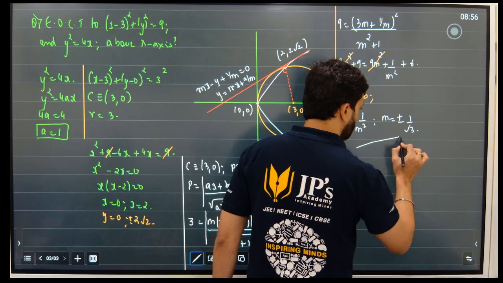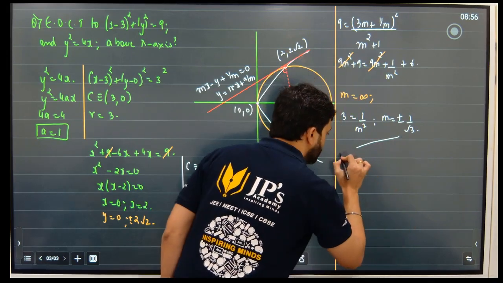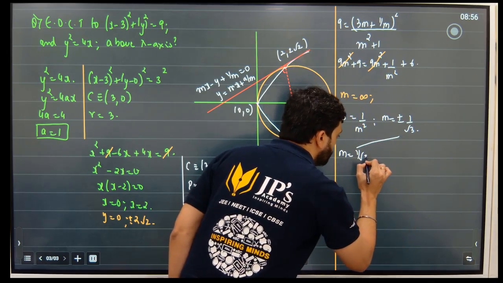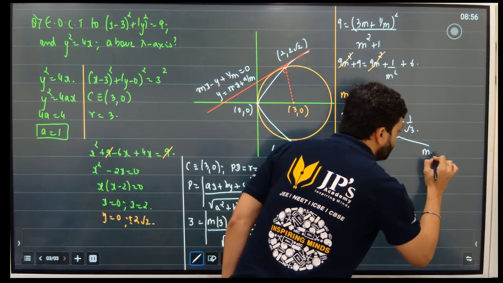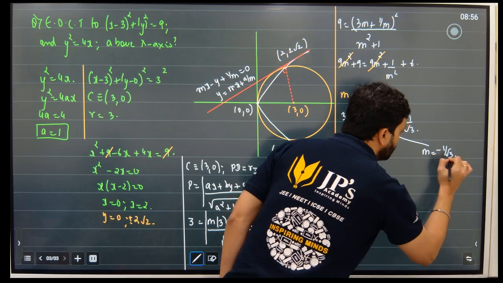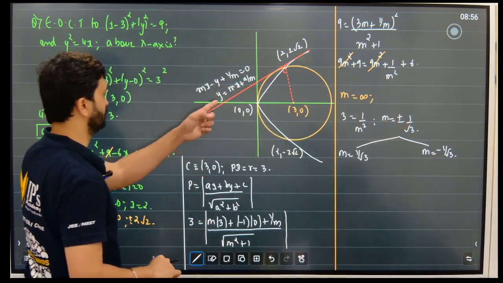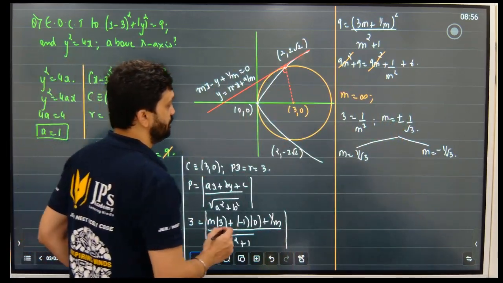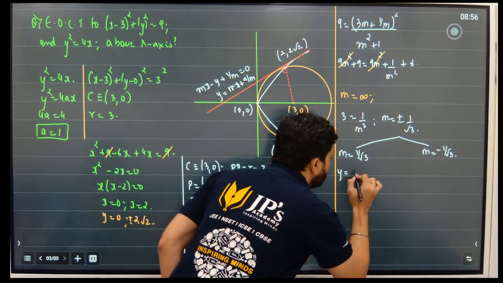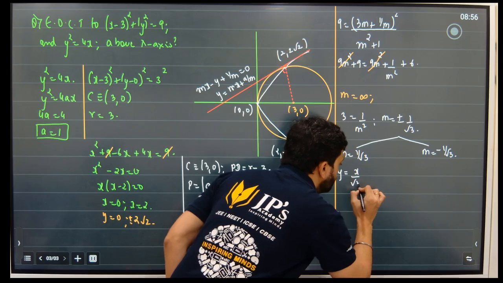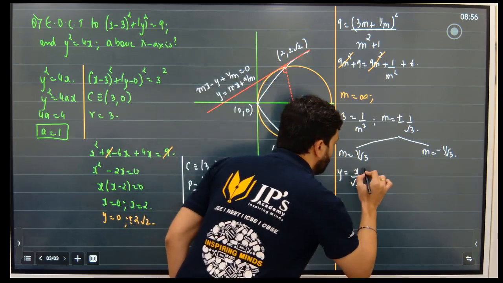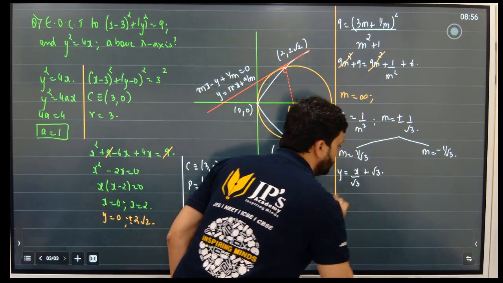So now let's solve. First I'll check for m is equal to 1 by root 3 and then I will check for m is equal to minus 1 by root 3 in this equation, y is equal to mx plus a by m. So y is equal to x upon root 3 plus root 3.